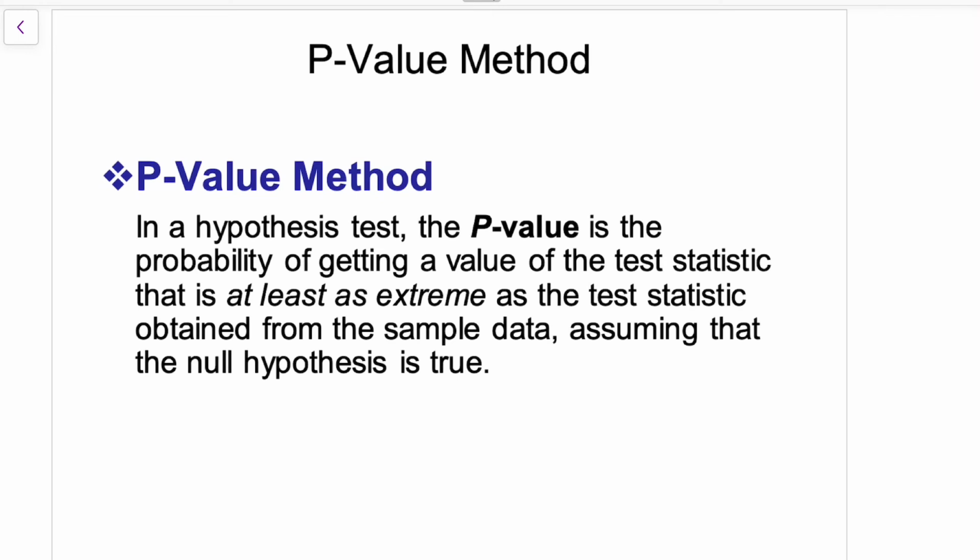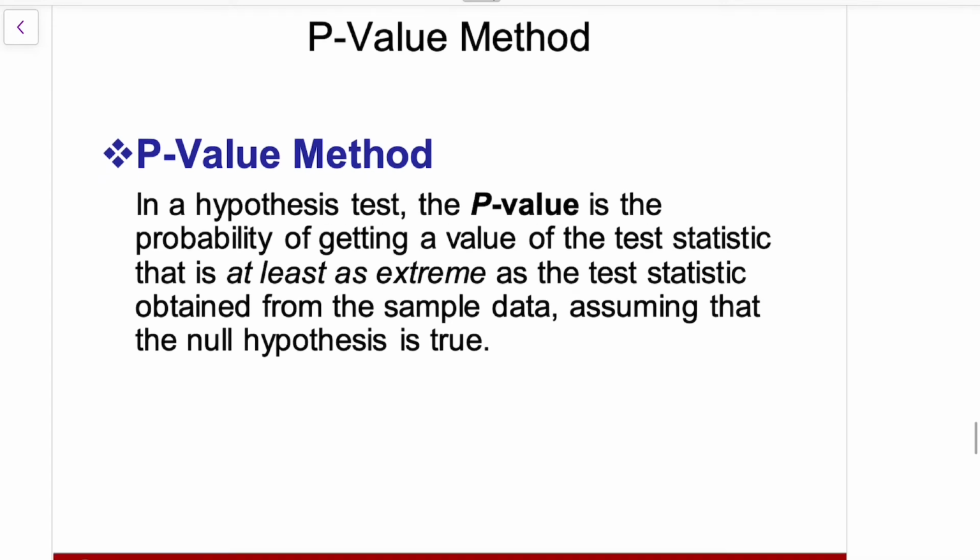There's a chance this value we got from the sample data is significantly high. And if the probability of getting that value is very low, that means that we have a significantly high valued number. And the way we do this is by turning our test statistic into a probability.